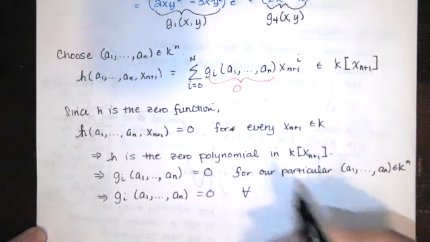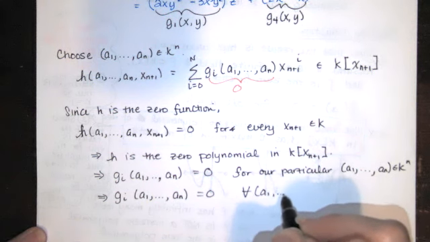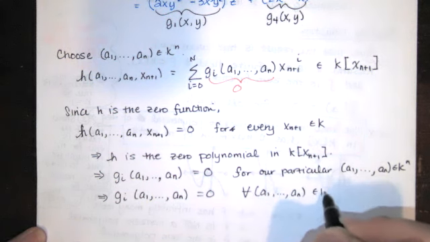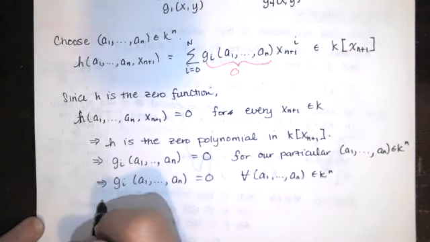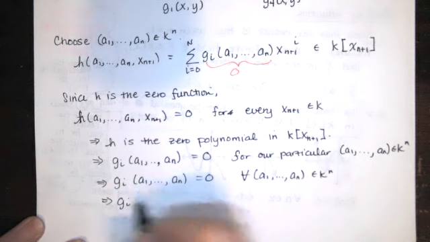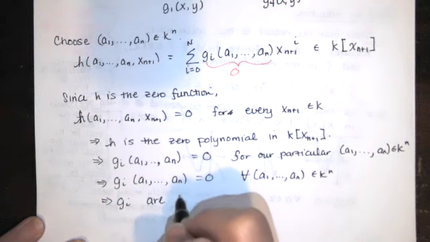See that switch as we go from here to here? That's a big deal. And that means that all of these are the 0 function.